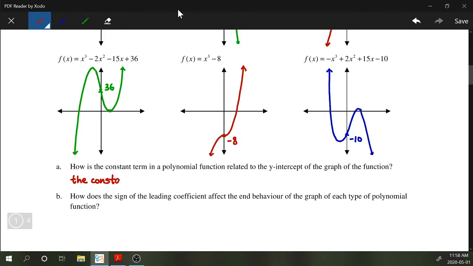So if you have something like, let's say, f of x equals 3x minus 7, then the y-intercept will be -7. Okay, so the other important piece is about the leading coefficient.